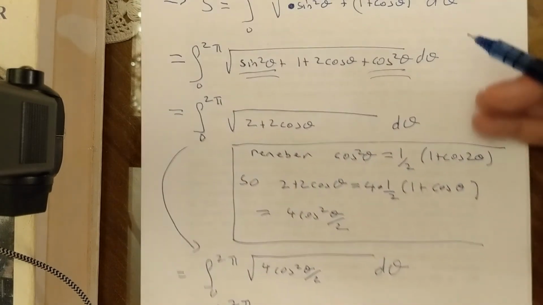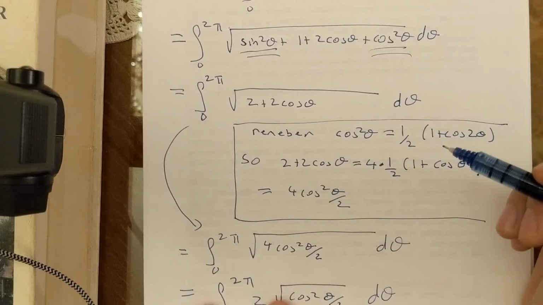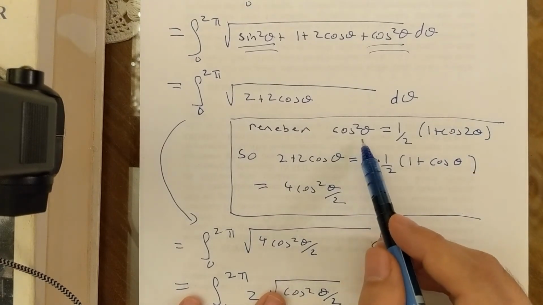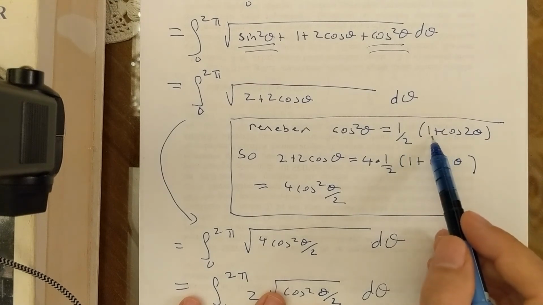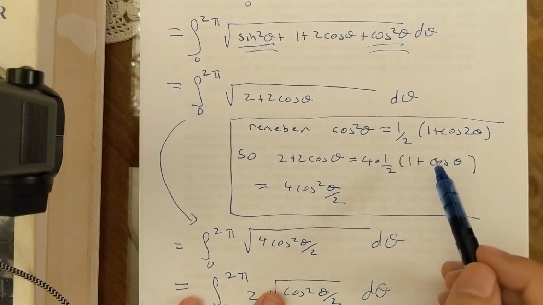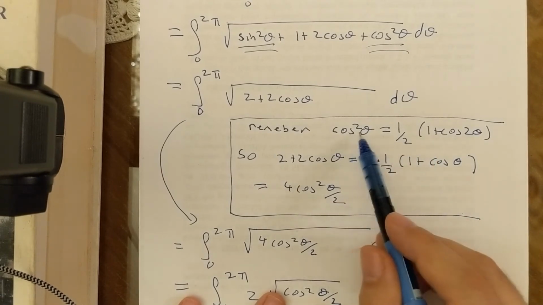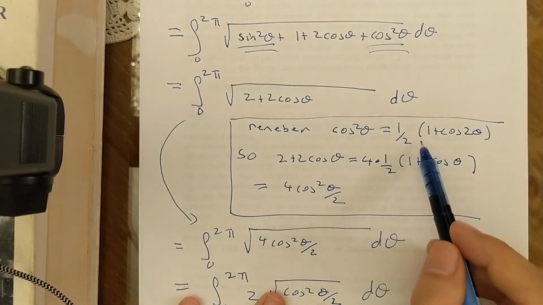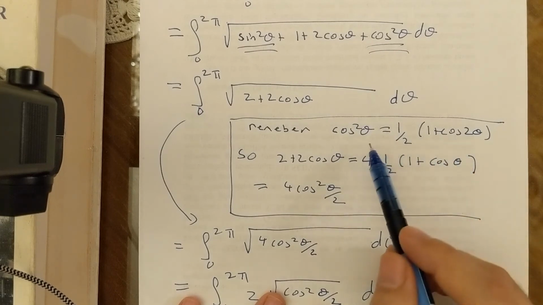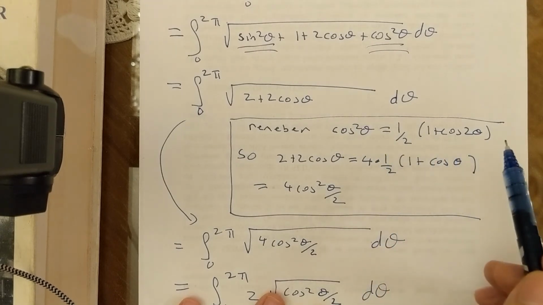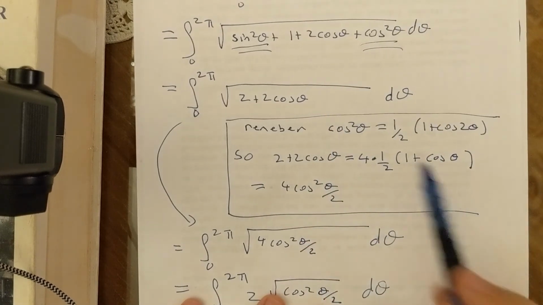I remember this formula we had: you could write cosine squared as 1/2 times 1 plus cosine 2 theta. We talked about this last video also. And you can write sine squared as 1/2 times 1 minus cosine 2 theta. We just have cosine squared here.